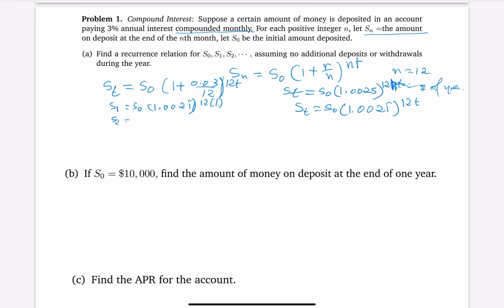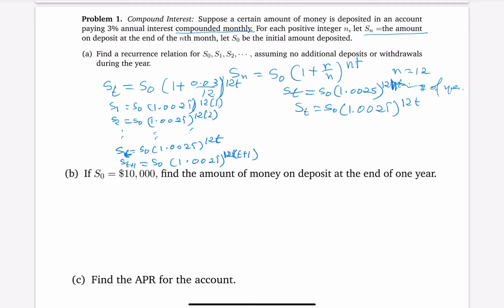For 2 years, same thing, S0 times 1.0025 to the 12 times 2, and so on until we reach Sn is S0 times 1.0025 to the 12 times n, 12 times t. For St plus 1, you have S0 times 1.0025 to the 12 times (t plus 1).